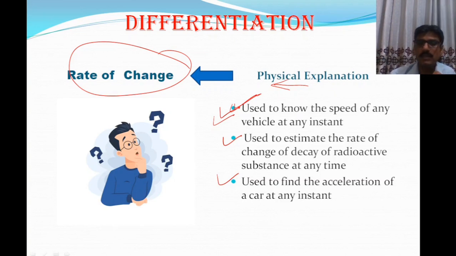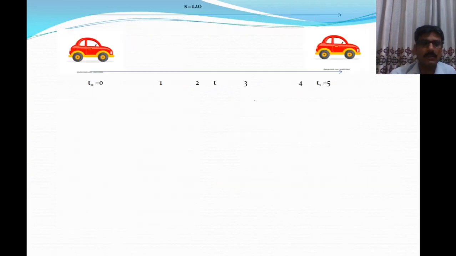The first utility is that differentiation can be used to know the speed of any vehicle at any instant. How is it possible? Yes, it can be understood by this example, by this illustration.